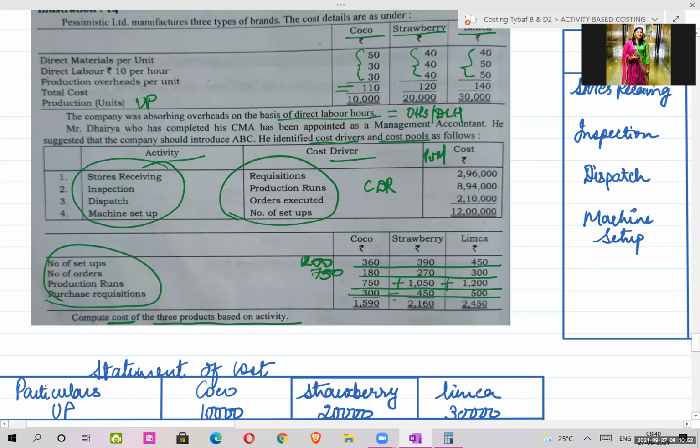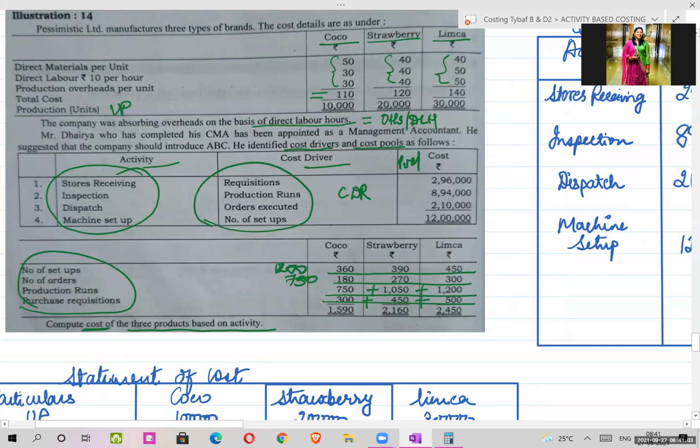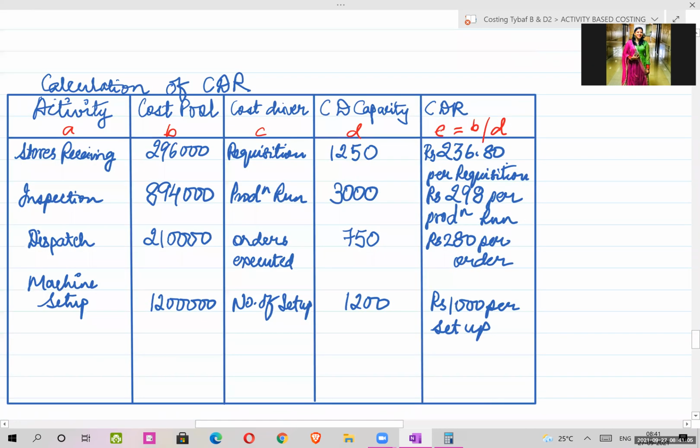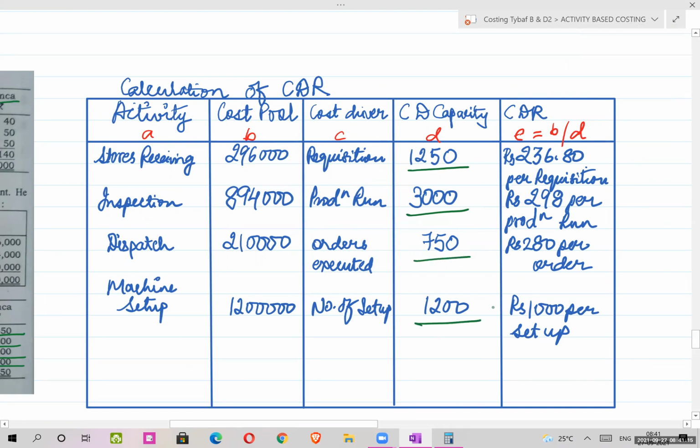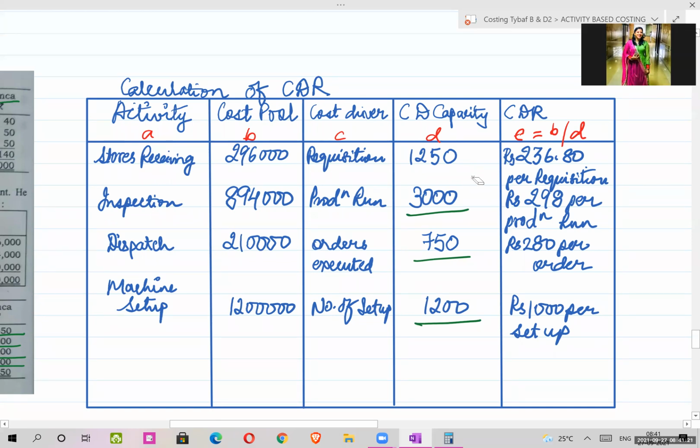Next, 300 plus 450 plus 500. You just have to calculate your totals. So 1250, 3000, 750 and 1200. You have to take the totals of your cost drivers individually.